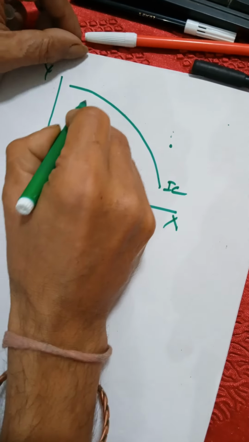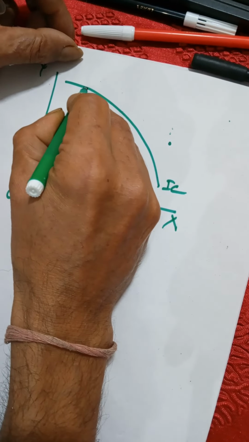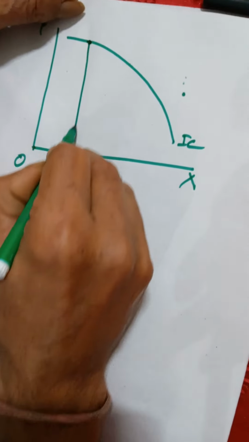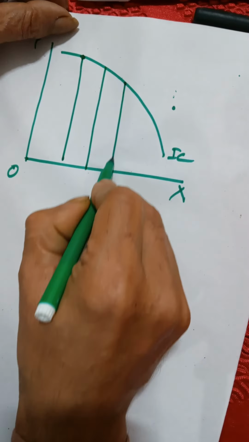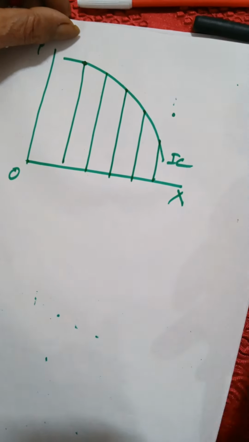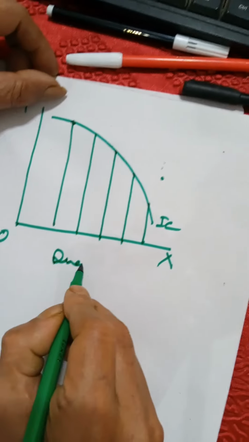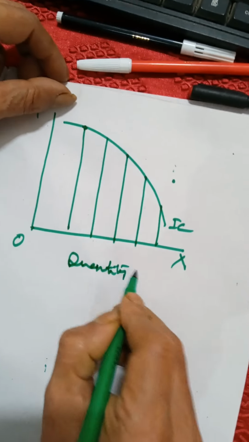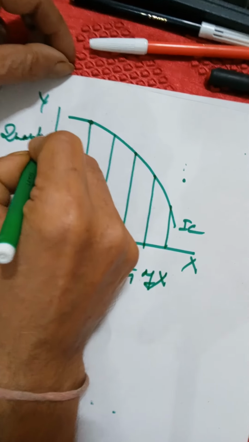Now, let's see what is actually happening to MRS. On this axis, this is quantity of x, and here it is quantity of y.